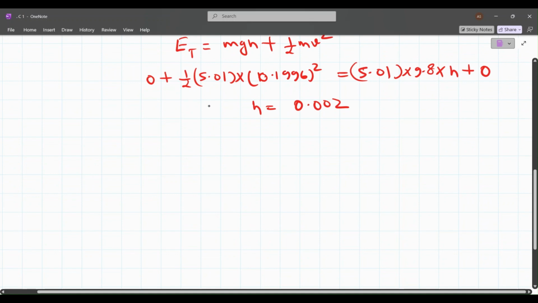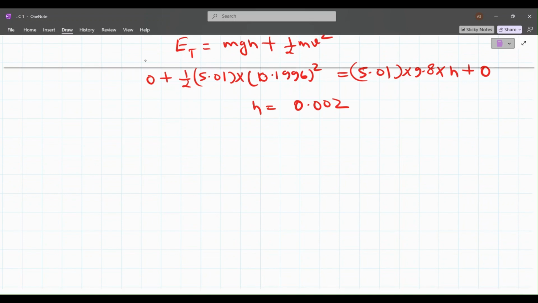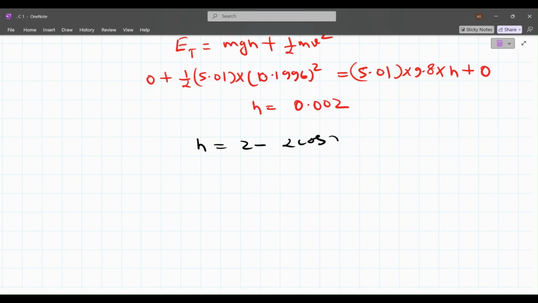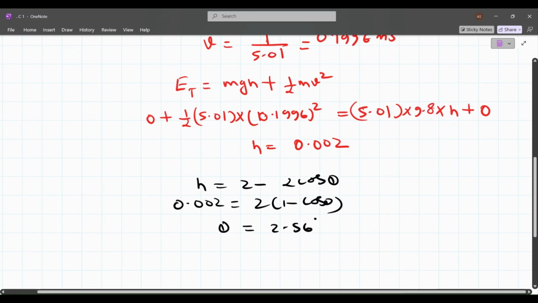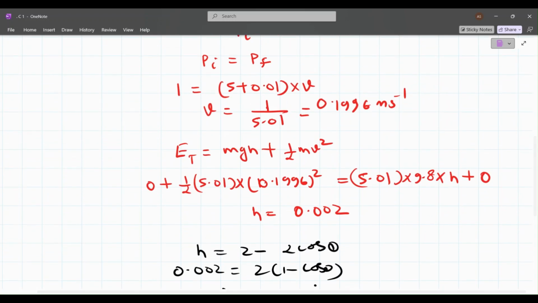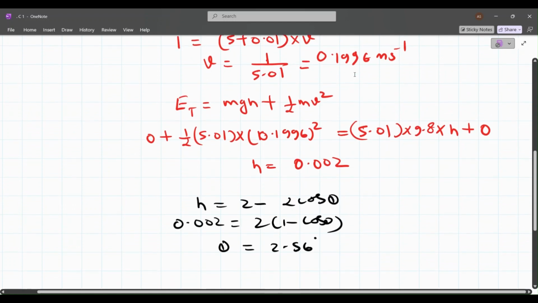So h is going to be 2 minus 2 cos theta. This is 0.002. If you solve the equation, you're going to get theta equal to 2.56 degrees. Hope it helps.